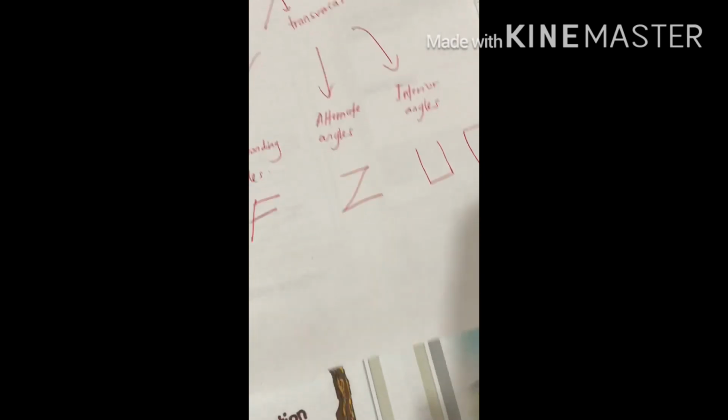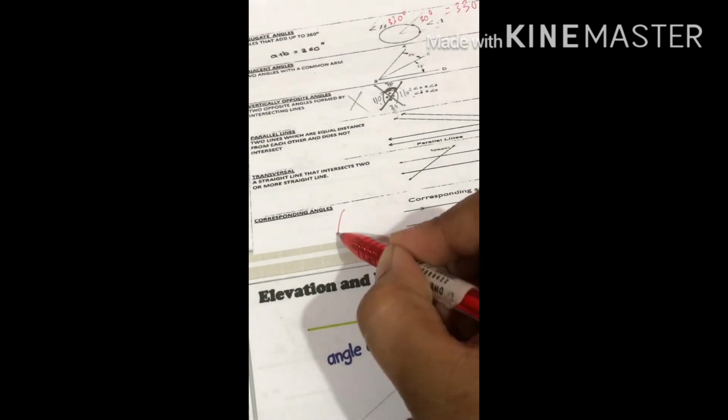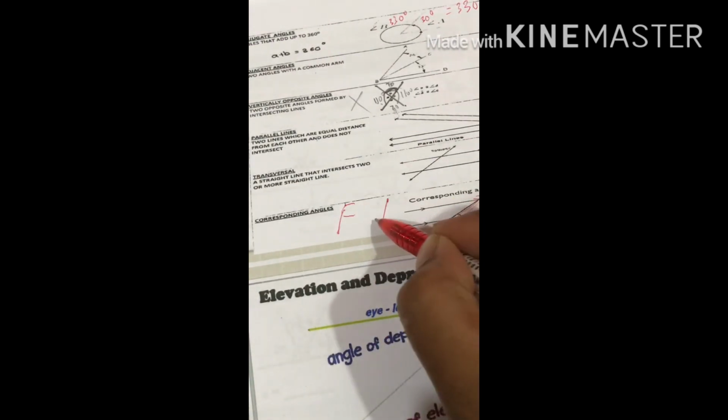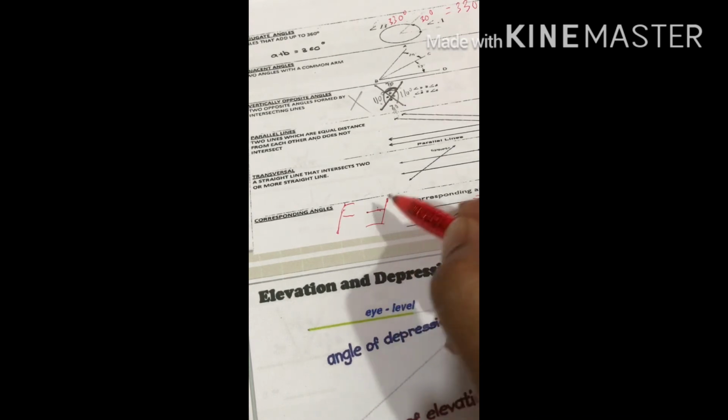So all these relate to each other. For example, corresponding angles. If you see here, actually you can see an F here. And the F can be like this or like this, or turned like this.